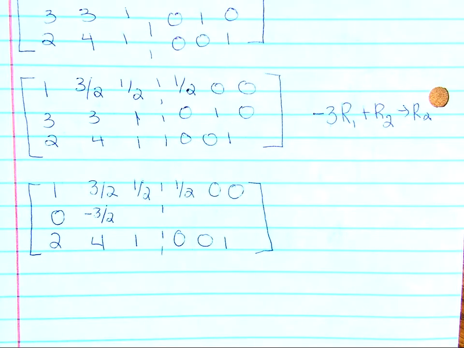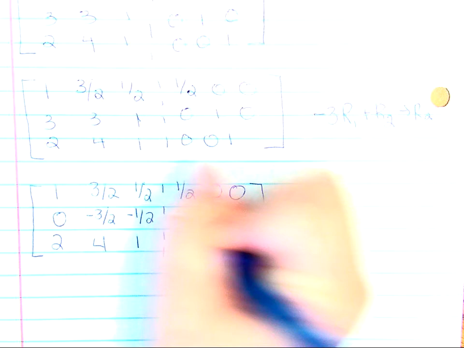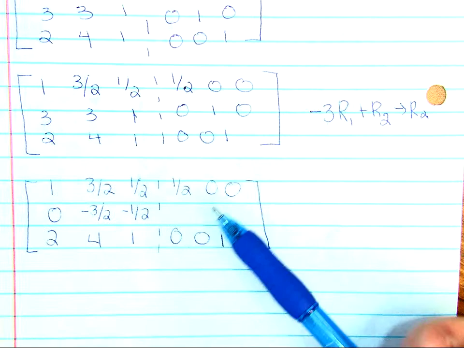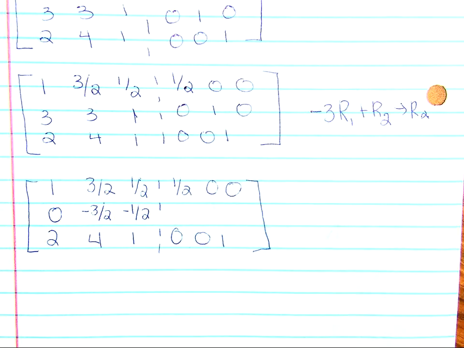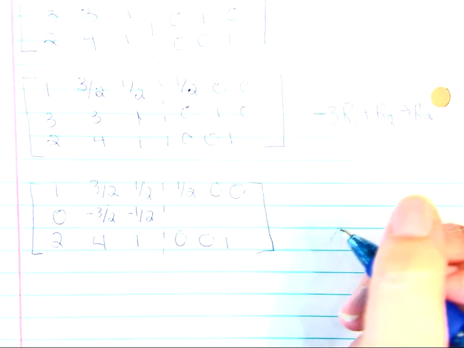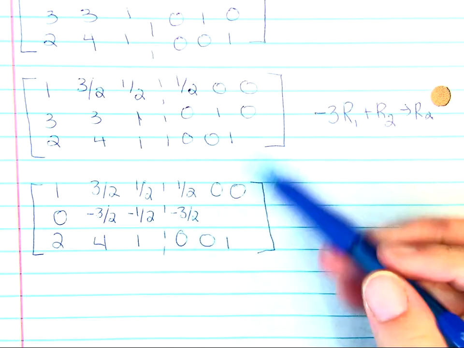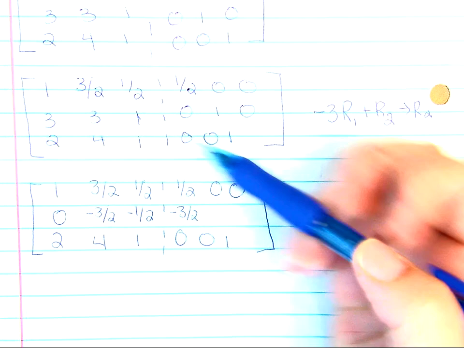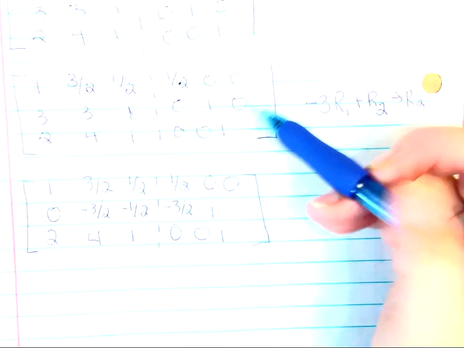Then I'm doing 1/2 times -3 and adding 1 to that, so that will be a -1/2. Then I'm doing 1/2 times -3 and adding that to 0, so I think that will be -3/2. Then I'm multiplying by 0, so I'll have 0 adding 1, 1. And then 0 times -3 plus 0 should still be 0.